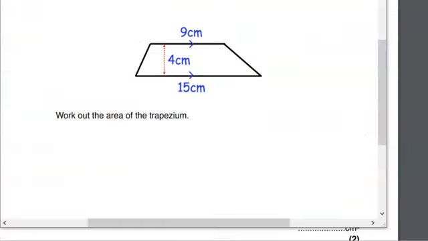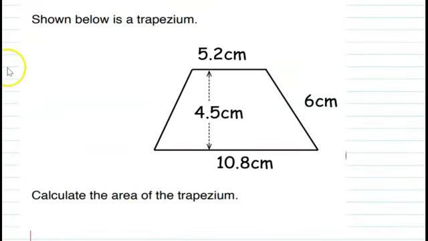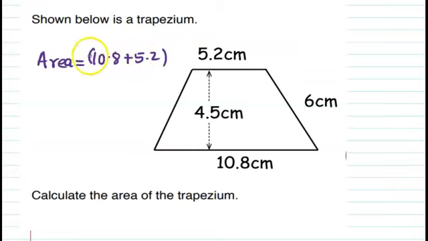Next question. So in this question, again, you need to find the area. So what will be your first step, Said? What is the area formula, Said? 10.8 plus 5.2 times 4.5, and divide by 2.